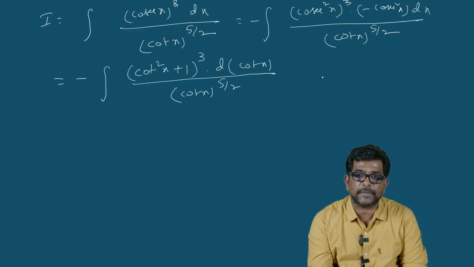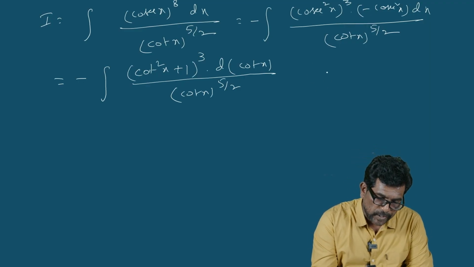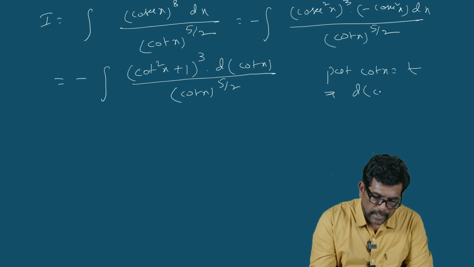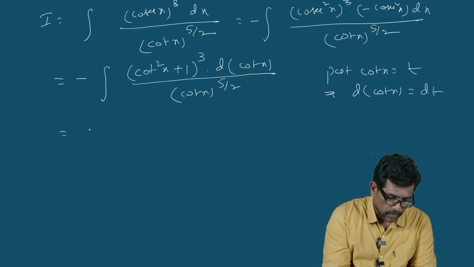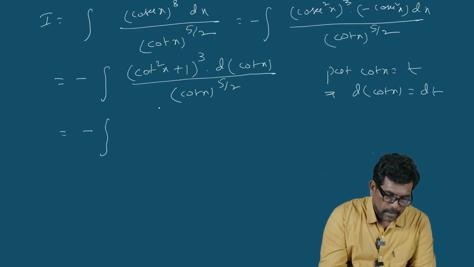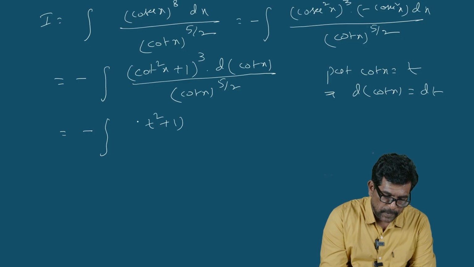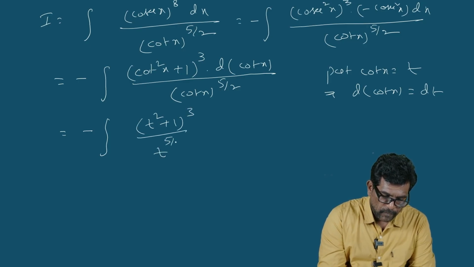Now I am using the substitution. Put cot x is equal to t. So from this, differential of cot x is equal to dt. Now integral of cot square x plus 1 becomes (t square plus 1)^3 by t^(5/2) into dt.